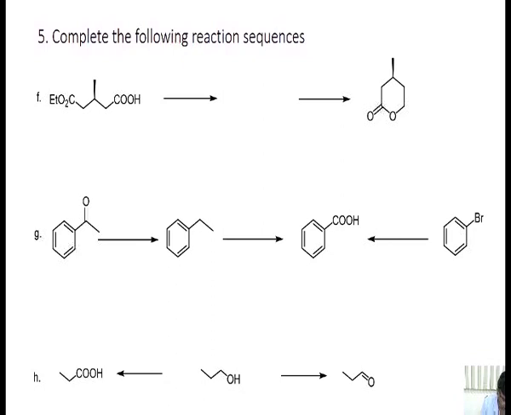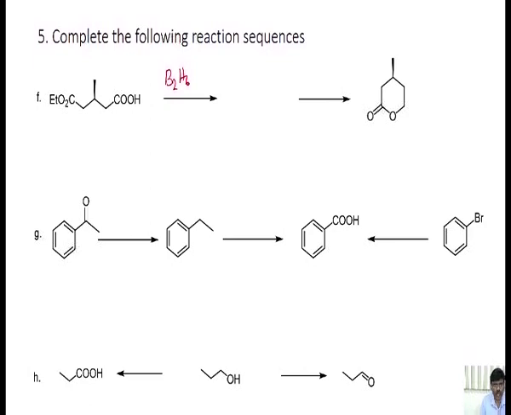Now let us look at this example where you have the carboxylic acid as well as the ester group. If you look at this compound, it has a chiral center. The chiral center is intact. The carboxylic acid is selectively reduced. This can be accomplished using diborane.